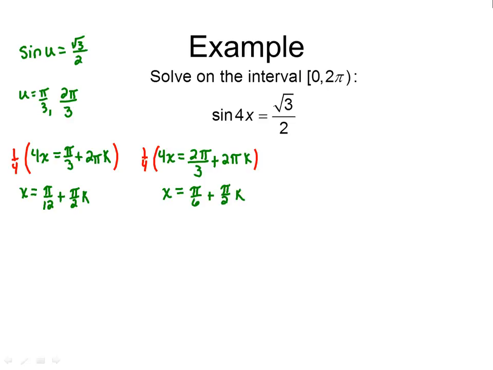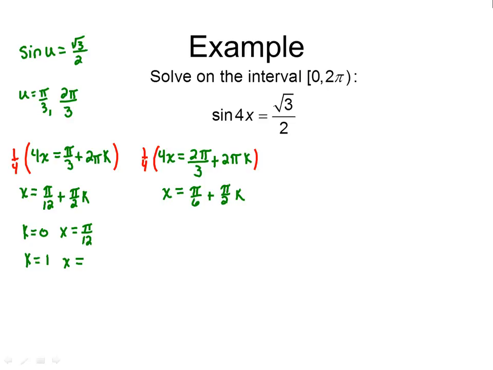Alright, so let's find all of them. If k is 0 on the one on the left, x is equal to pi over 12. Now this is going to be some good work for you to figure out these fractions. Again, if you're not fraction friendly, grab out that calculator. If k is equal to 1, x is equal to pi over 12, 1/12, plus pi over 2, or 1/2.